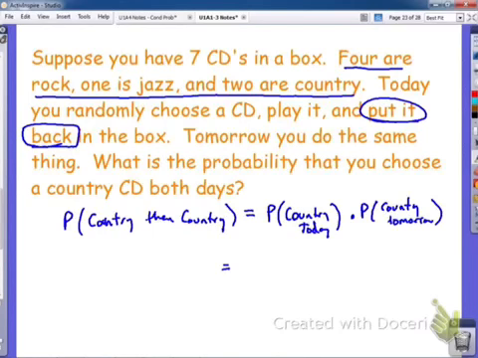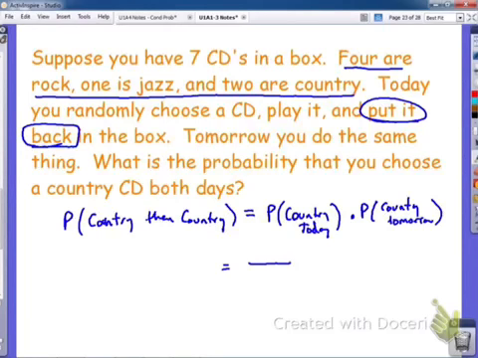What's the probability that you select a country CD both days? So, what's the probability, I'm going to ask you this, you answer, what's the probability of selecting a country CD today? What is that probability? Let me hear from Damien. For what? For one day or both? Just the first day. 2 out of 7.